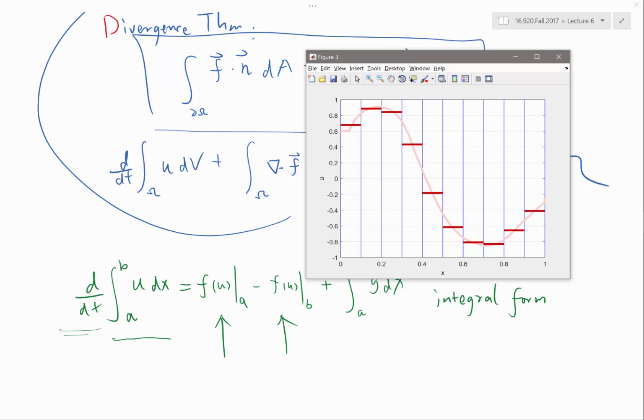We are not storing the value of u at any point, not at A, not at B. So we cannot directly evaluate f of u at A or f of u at B. We have to figure out some way to approximate the point-wise values of the function from these volume averages, which we actually store in the computer. So that's basically how finite volume works as opposed to finite difference. Okay. All right.